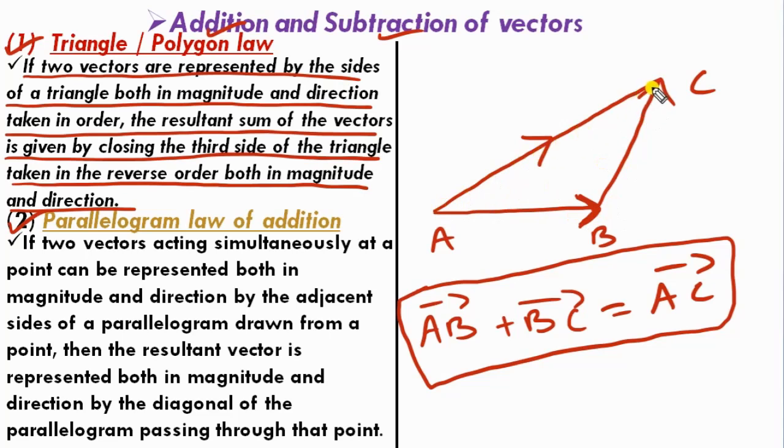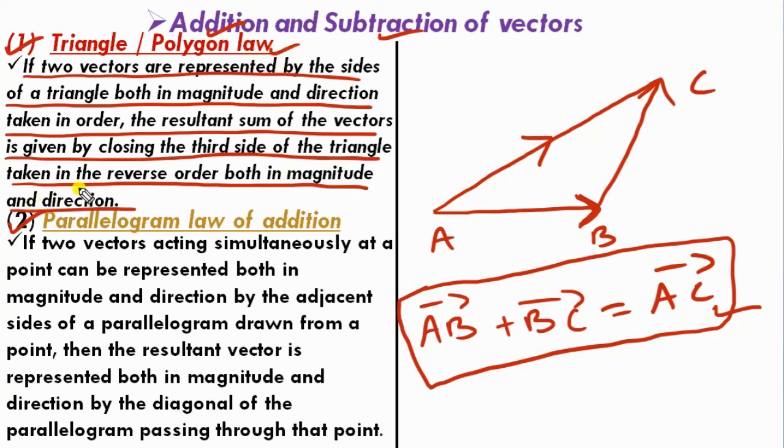The direction would be taken in the reverse order. We were going from A to B and then from B to C, so the resultant would be from A to C, not from C to A. Clear? In fact, you can add any number of vectors using this law. That is why we also call it the polygon law.